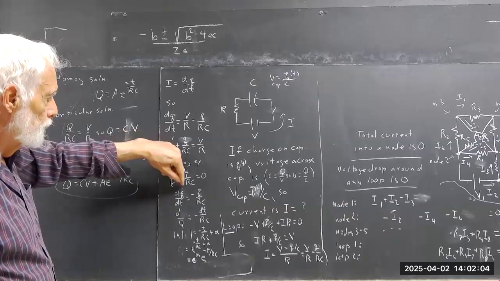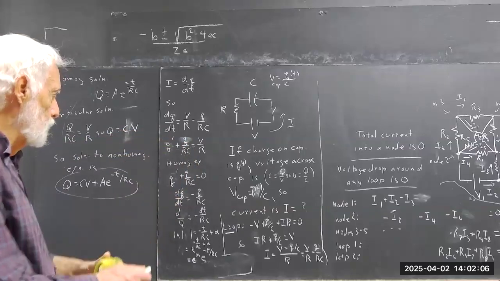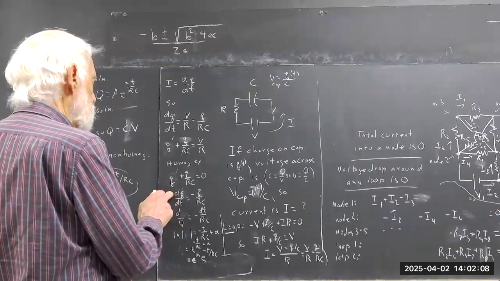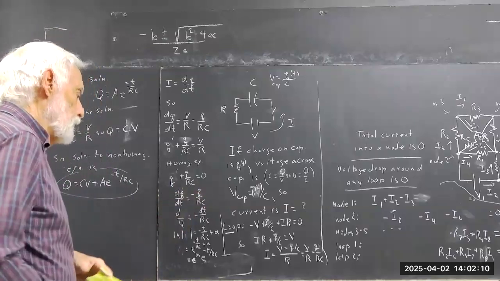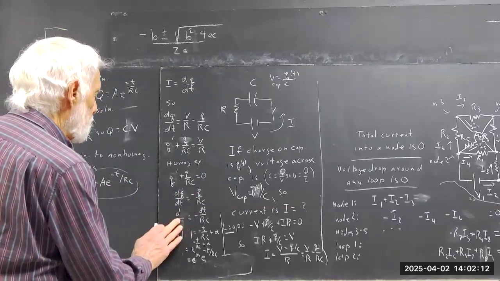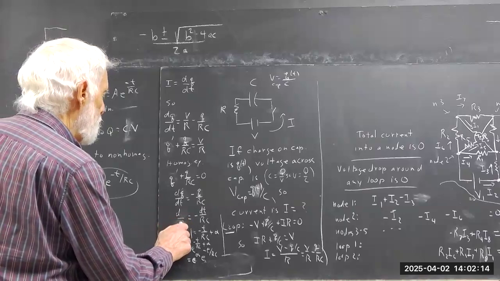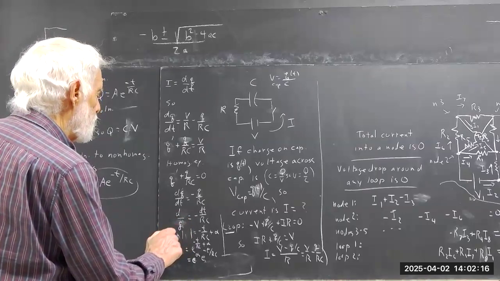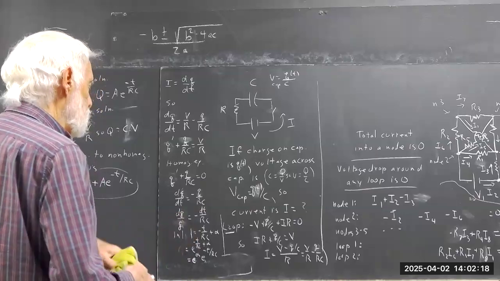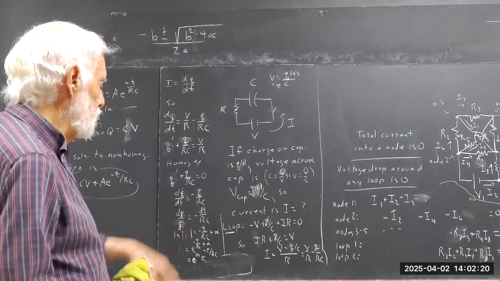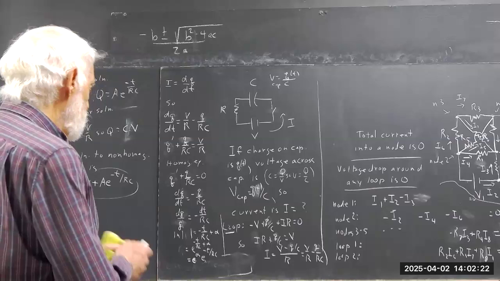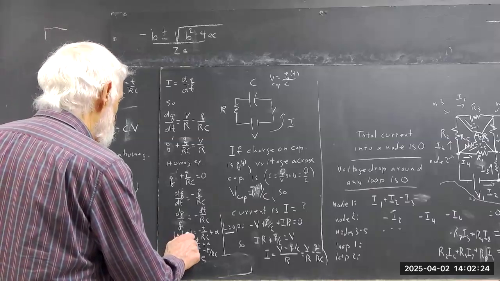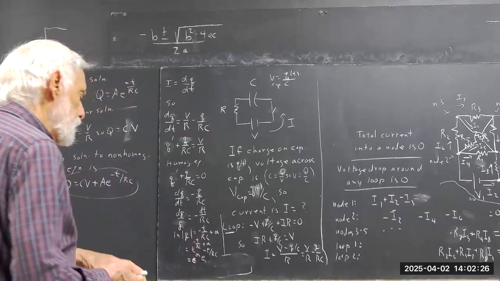So we have Q prime plus Q over RC equals 0. It's a separable equation. You could write it as dq/dt equals negative Q over RC. We separate out, get dq over Q equals negative dt over RC. Very simple steps.